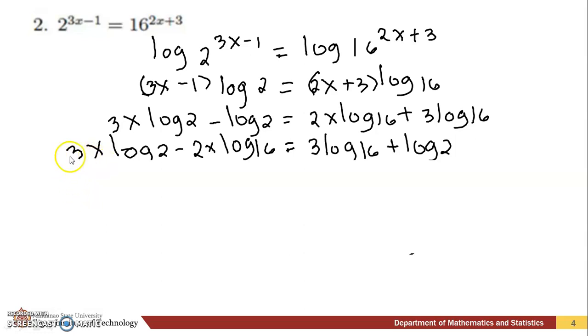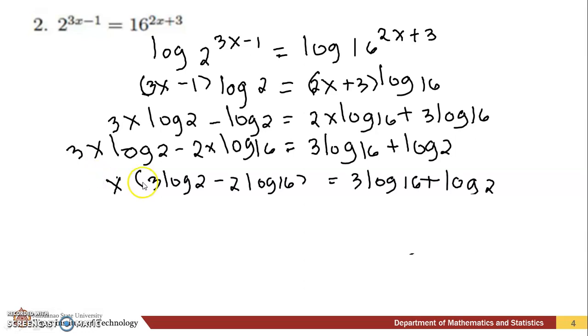We can simplify 3x log of 2 minus 2x log of 16 by factoring out x. So I have the following: x times 3 log of 2 minus 2 log of 16 equals 3 log of 16 plus log of 2.